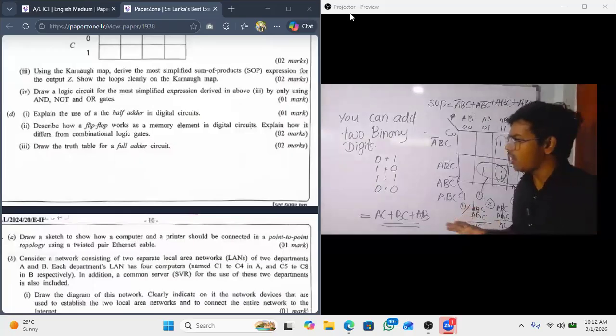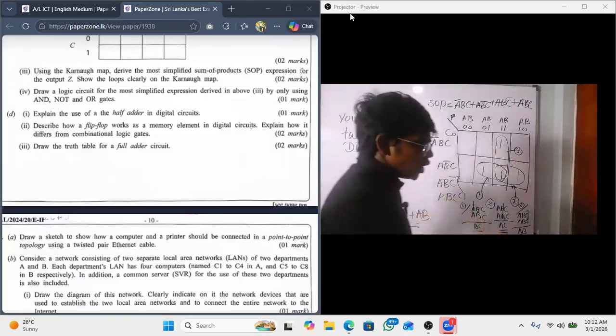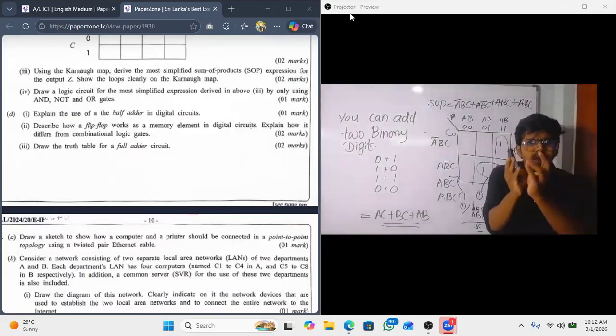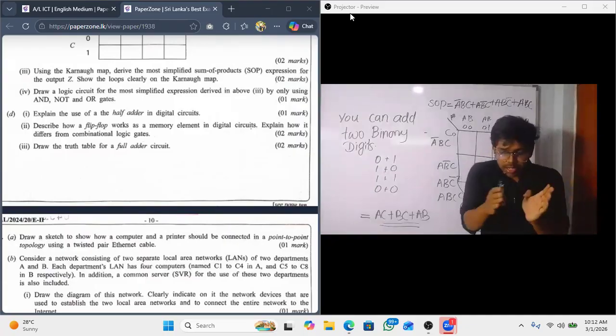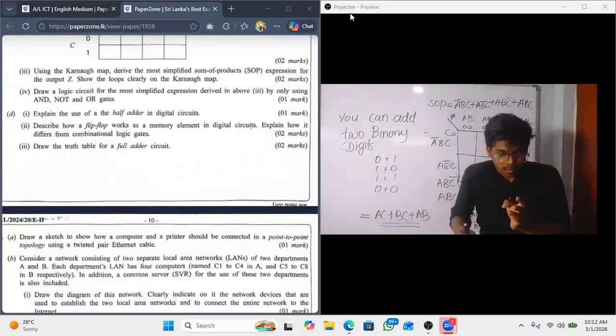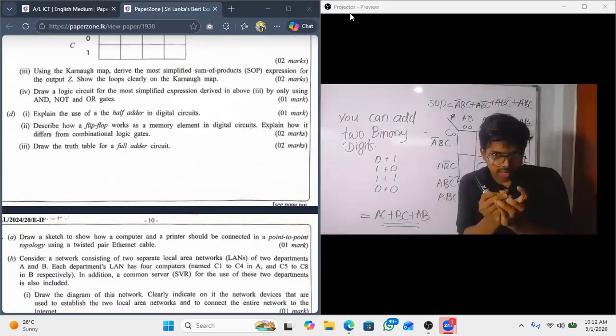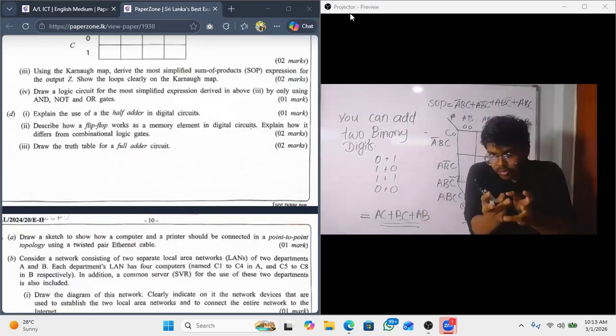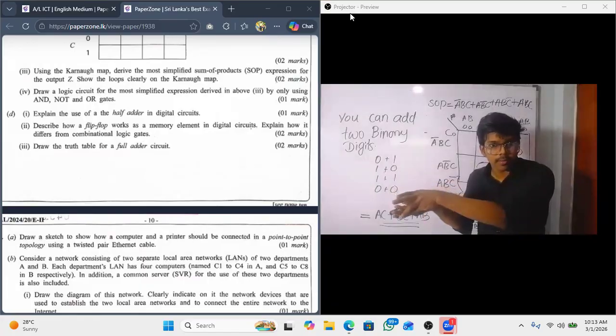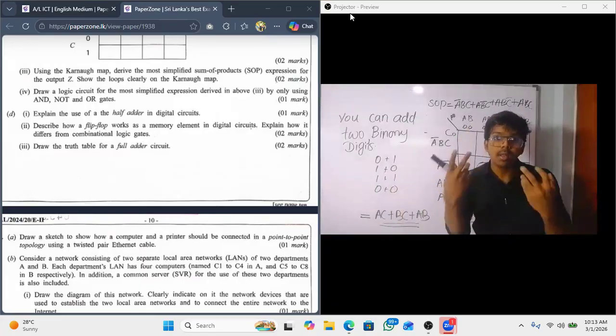In the full adder only, you will have the carry in variable. So you can add with the remainder of the previous addition. When we are adding, if any number exceeds 10, we give that balance to the next number. 5 plus 6, 11.